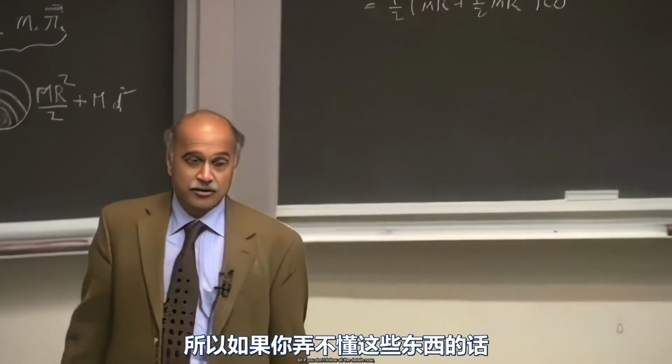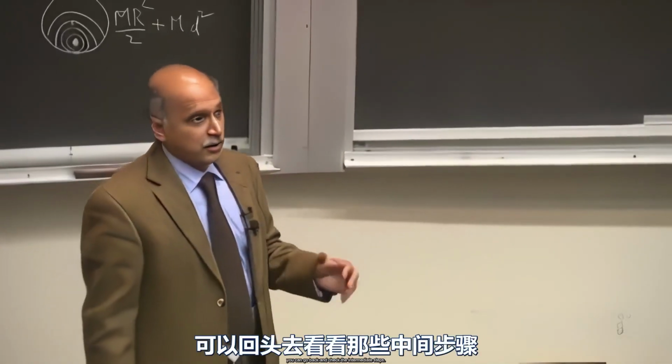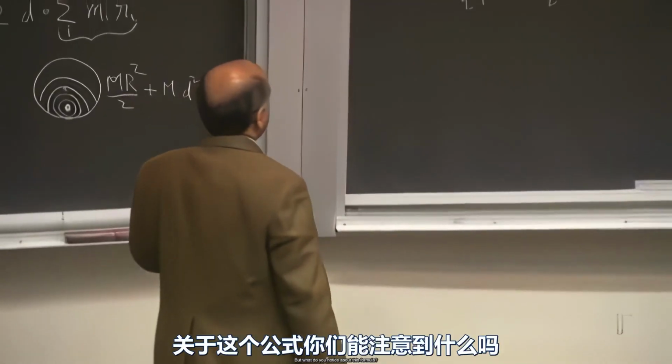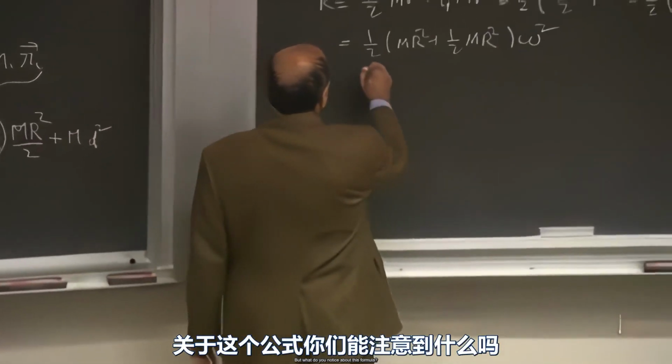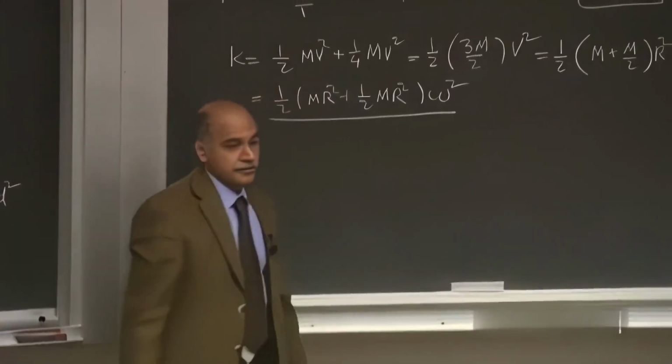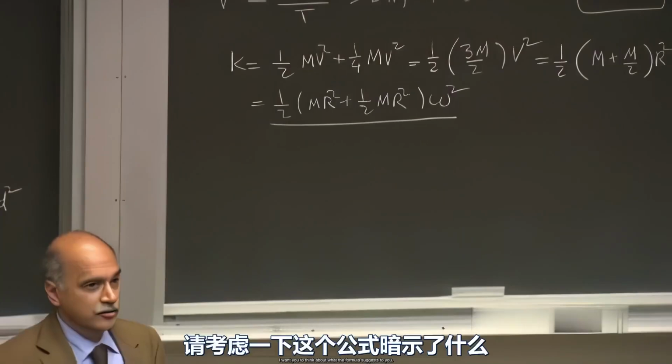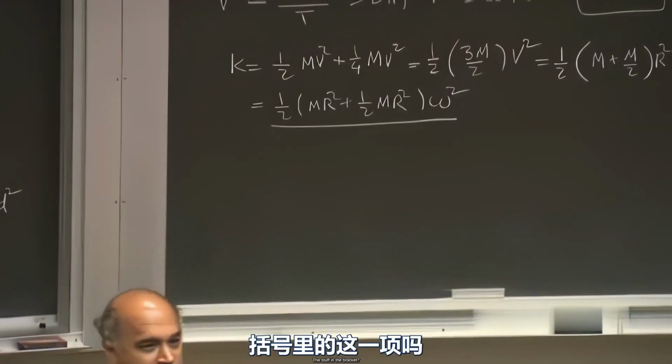There's a lot of rewriting, so if you don't follow all the details now, you can go back and check the intermediate steps. But what do you notice about this formula? I want you to think about what the formula suggests to you. Suggest anything? The stuff in the brackets?